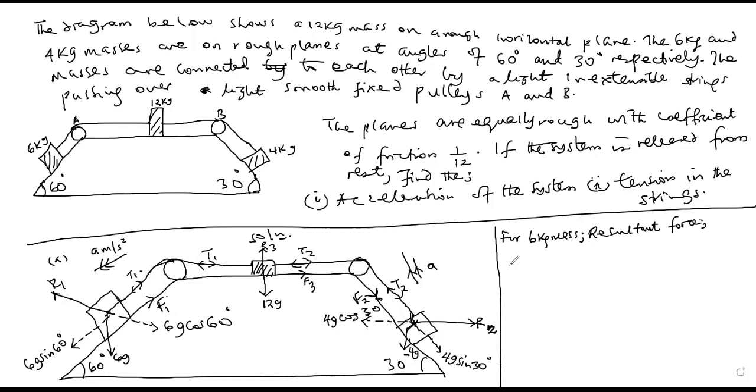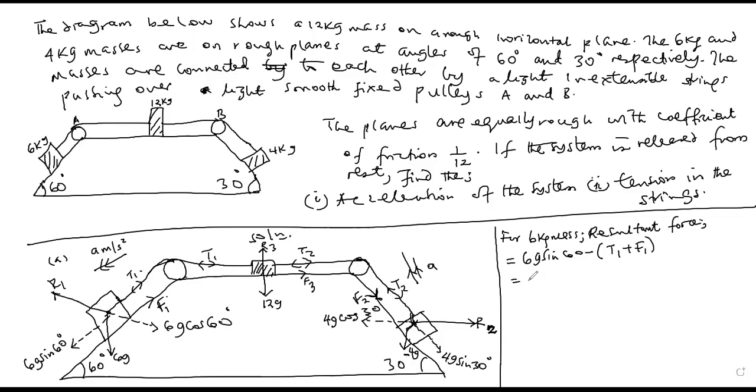Remember, we said that the resultant force is equal to the force in the direction of motion, that is 6G sine 60, minus the total opposing force, which is T1 plus F1.